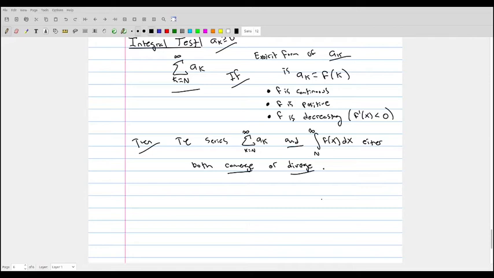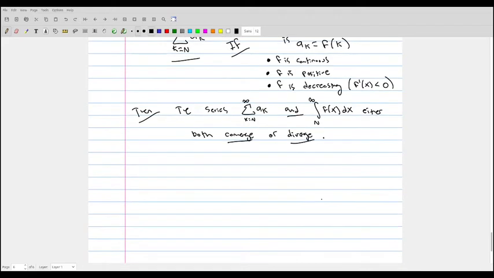Specifically, if you take any series, let's say we go up to some fixed value. So let's say we take the series, the sum from k equals N to infinity of ak, this infinite series. And we decide to look at stopping this sum at some point.